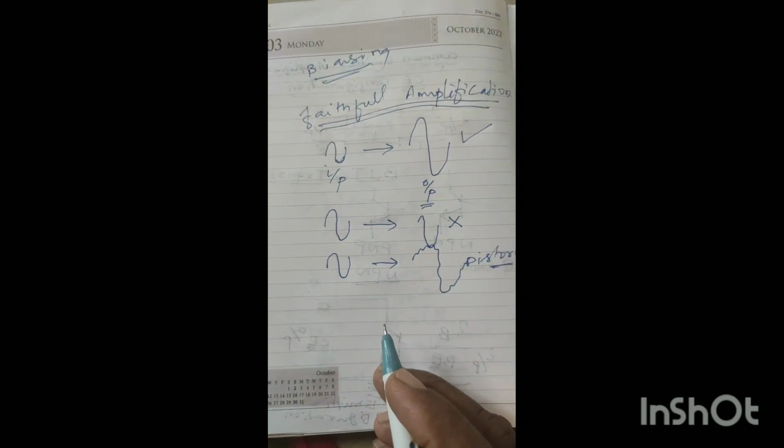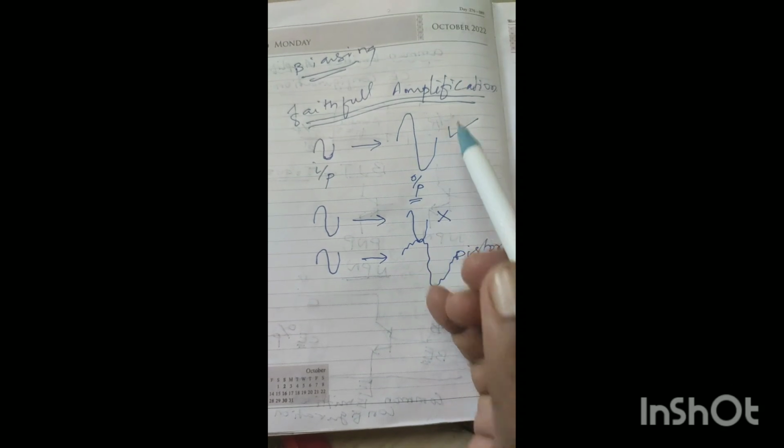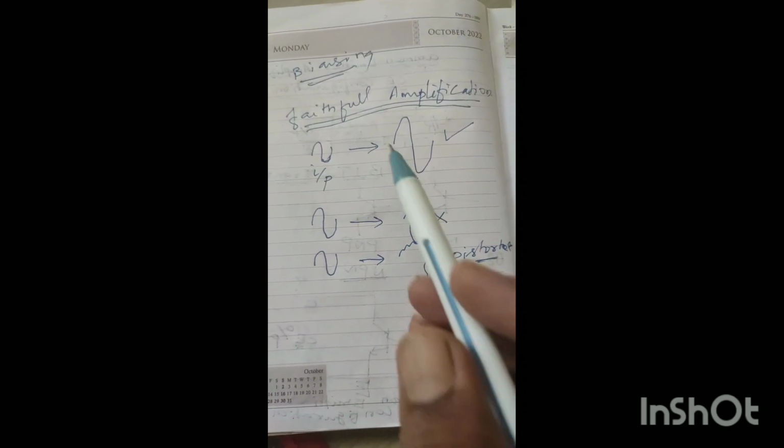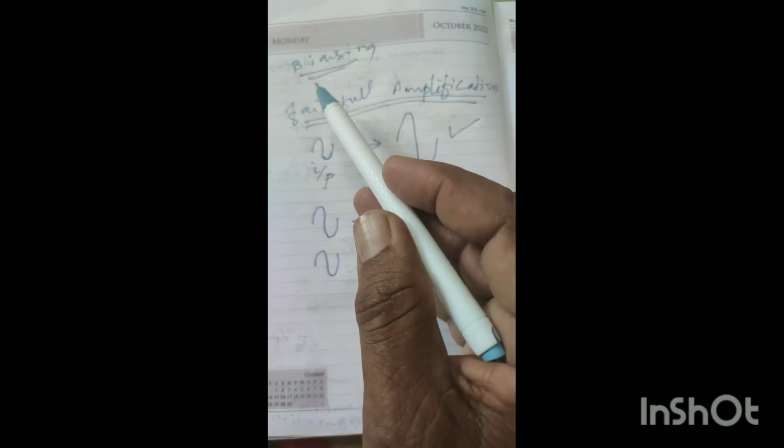So in order to achieve faithful amplification, we should properly bias the BJT. We should properly bias the transistor. So what is meant by biasing? Why we have to bias the signal? The second question, why we have to bias, is nothing but we should achieve the faithful amplification. Later we will analyze in detail some other reasons why we have to properly bias the BJT.